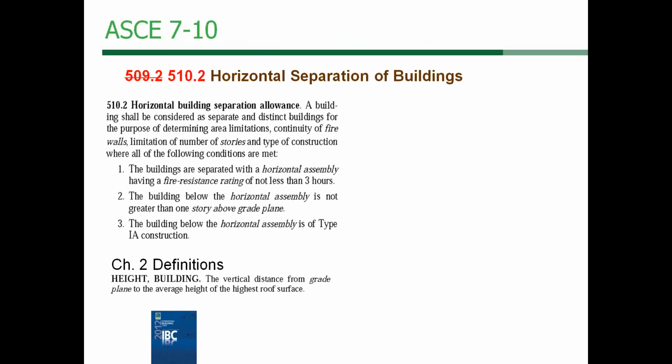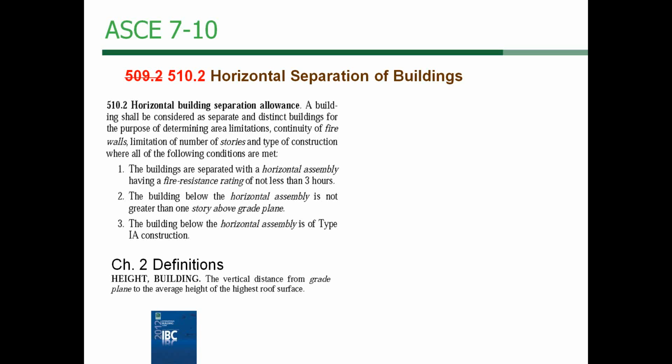There's really no change in ASCE 7 provisions for horizontal separation of buildings other than new numbering. It goes from 509.2 to 510.2, and again, that structural height term was clarified as being measured from the base.